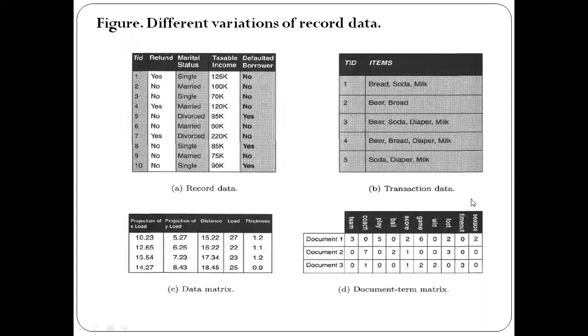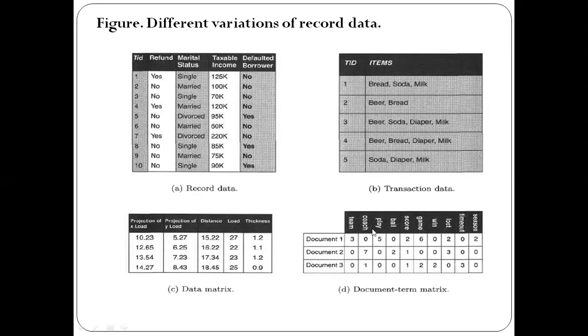One more example is document data. Document data we can represent in the form of a vector, and each component of this vector will hold the number of times the term appears in the document. If you observe here, this is the document matrix, that is, the document data, represented in the form of vectors.